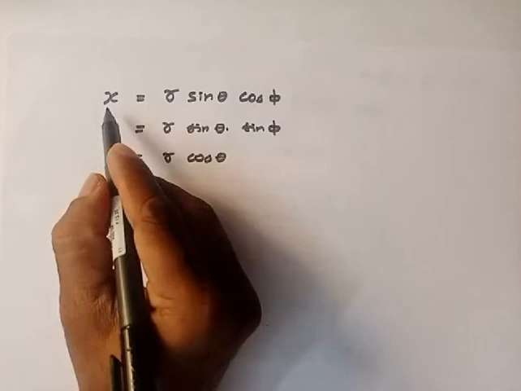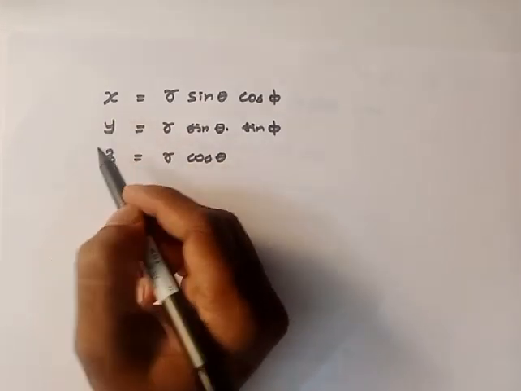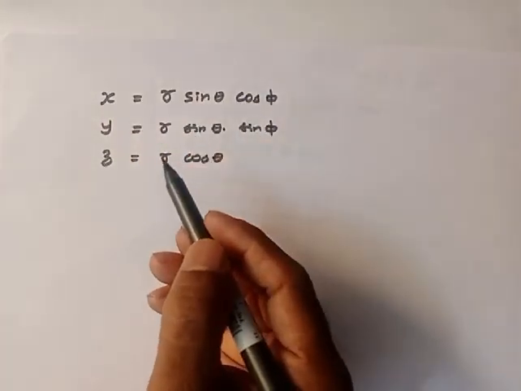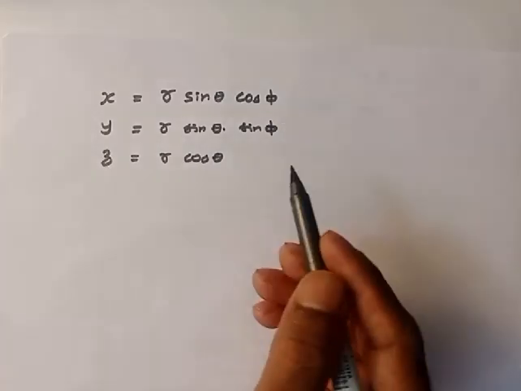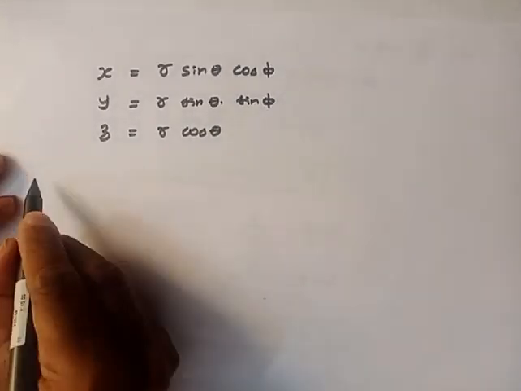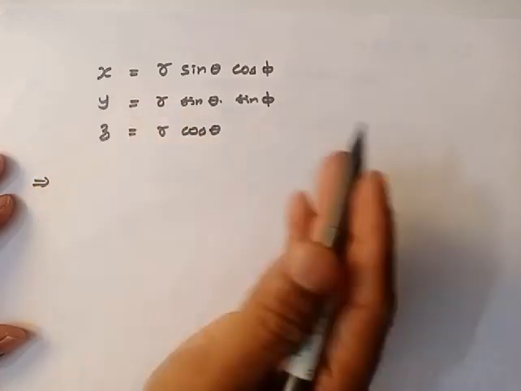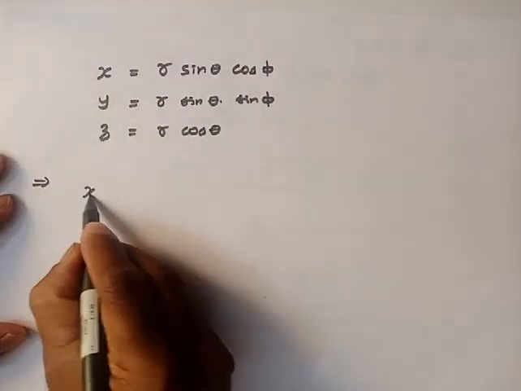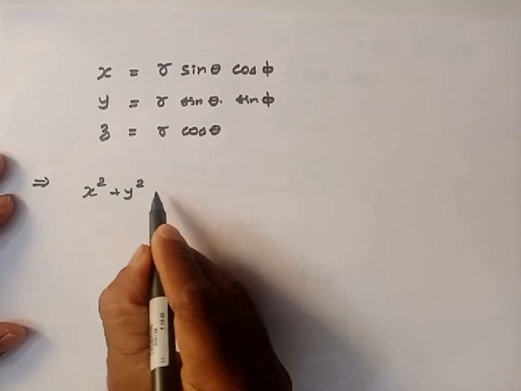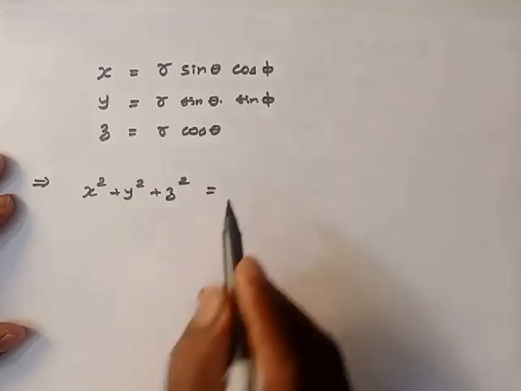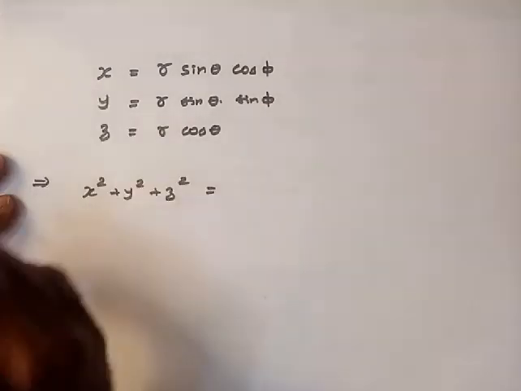So if x, y, z values are given, you can calculate the value of r, theta as well as phi. How? First let me square these values and add them: x square plus y square plus z square. Take the square of these values, then add them.